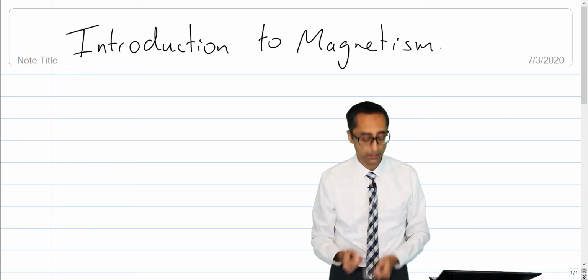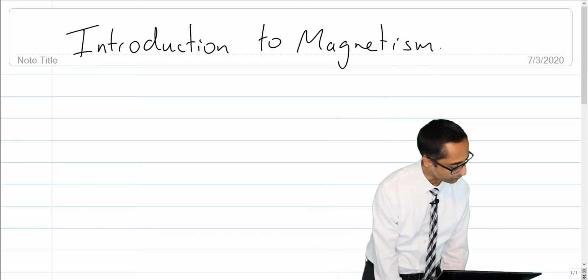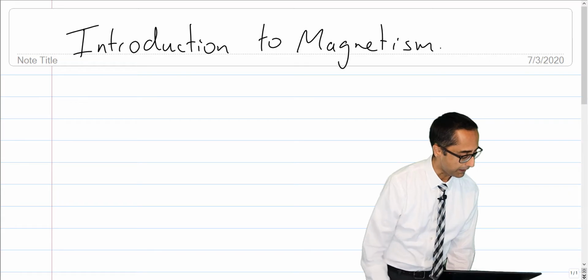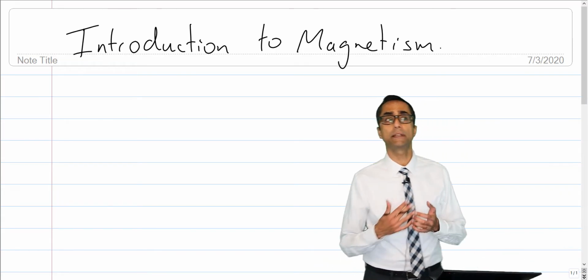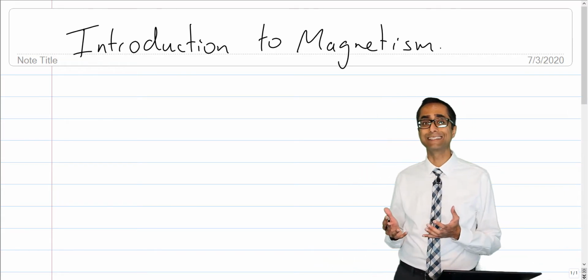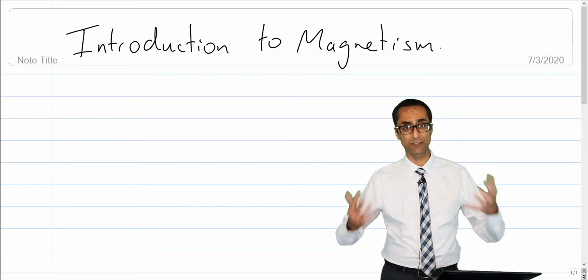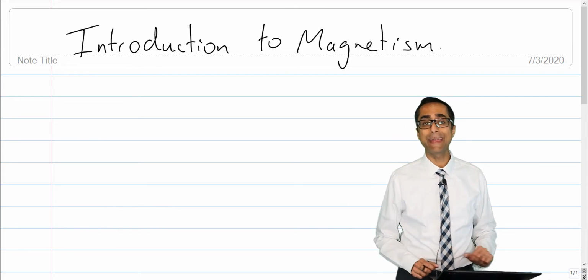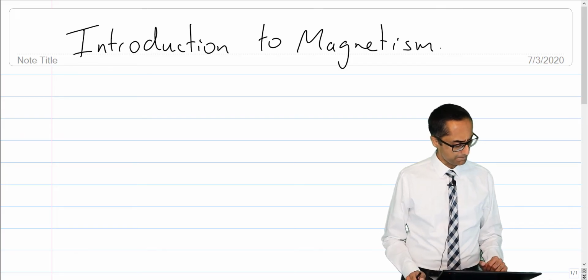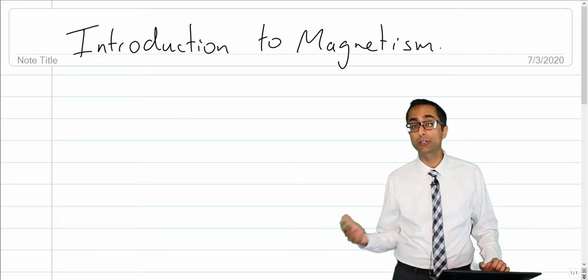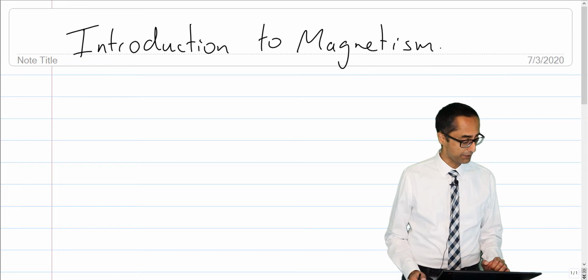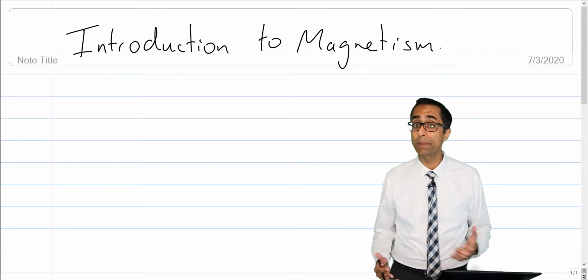And other types of magnets that are well known to you, you can think of the magnet inside of a compass. Of course, that magnet is going to follow the magnetic field produced by the Earth itself. The Earth is a giant magnet itself. There are naturally occurring magnets. There's electromagnets.